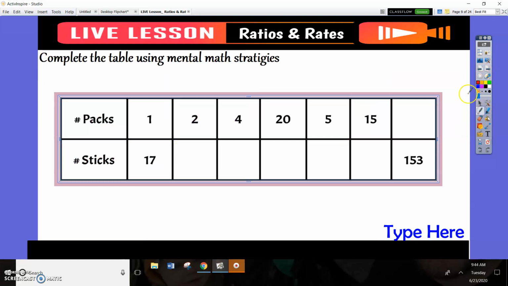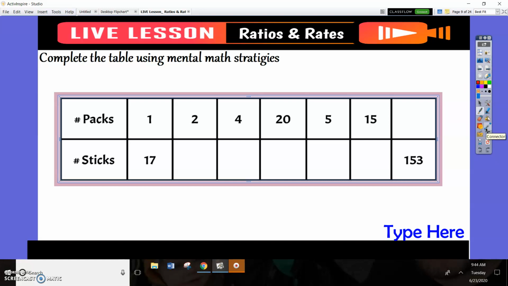All right, on this slide, they're asking for us to use mental math strategies to determine the ratios that we have in this visual. So we have a number of packs and the number of sticks in each pack. Well, if I know that one pack has 17 sticks, I'm going to look for some relationships that I know.